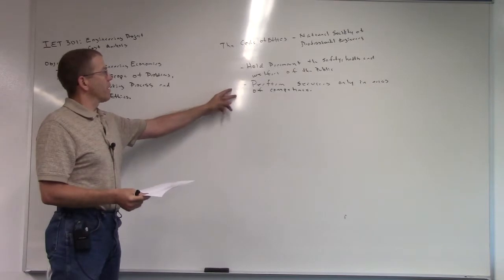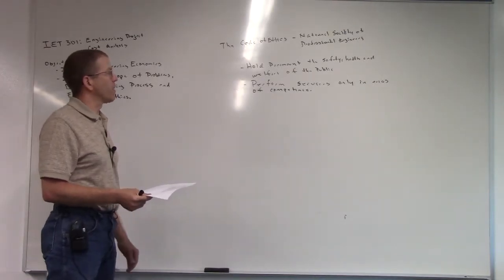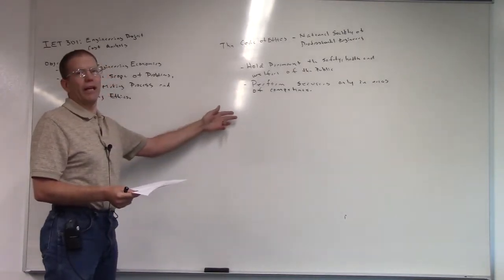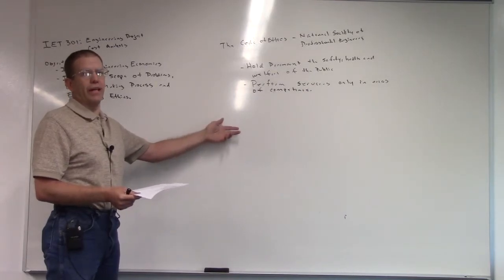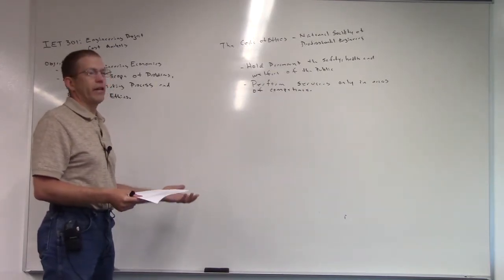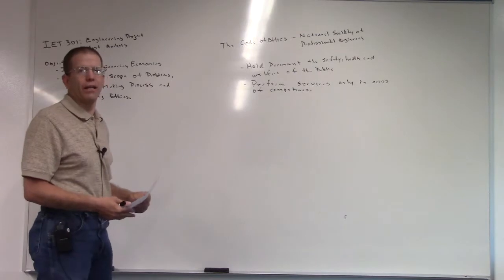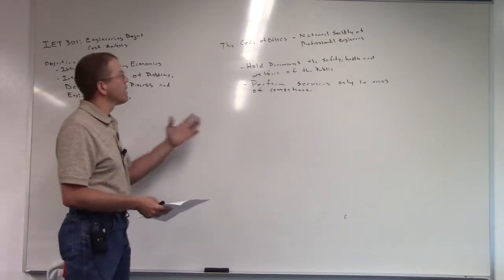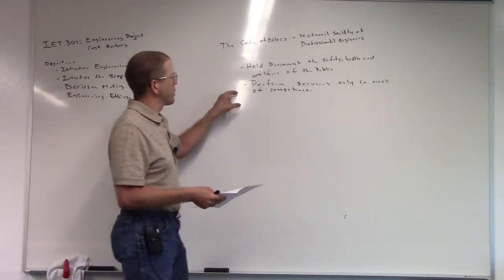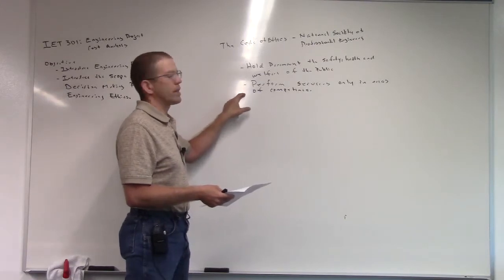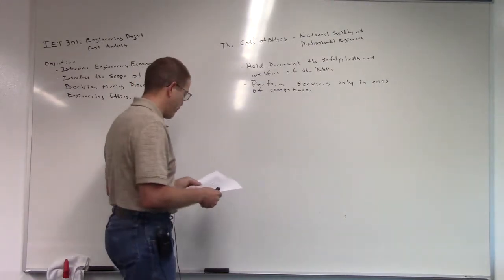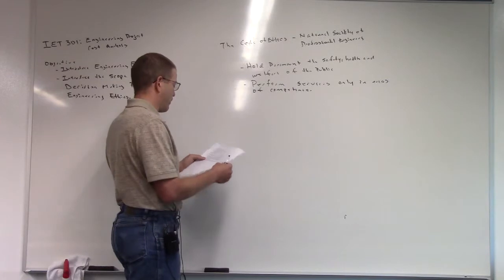Much is the same here. I, as an electrical engineer, would not take in a job that involves civil engineering tasks. A civil engineer should not take on mechanical engineering tasks, so on and so forth. You should restrict your services to those areas that you are licensed in and that you're competent in.